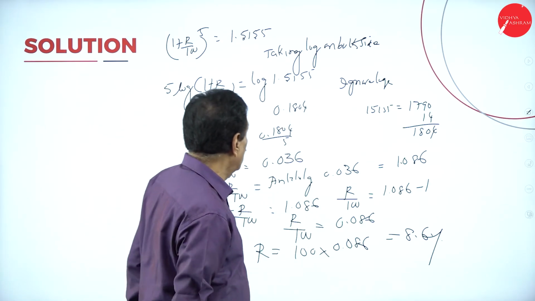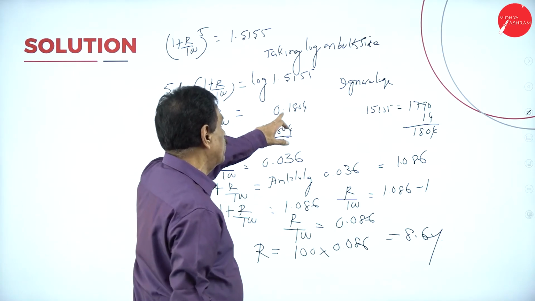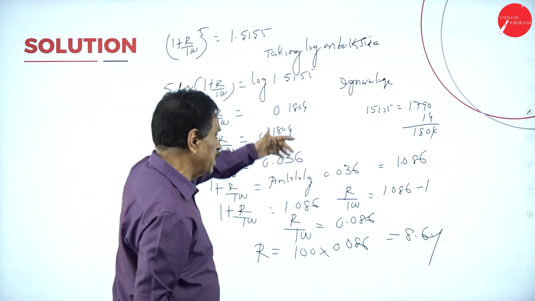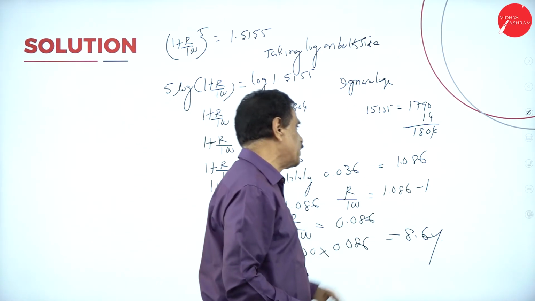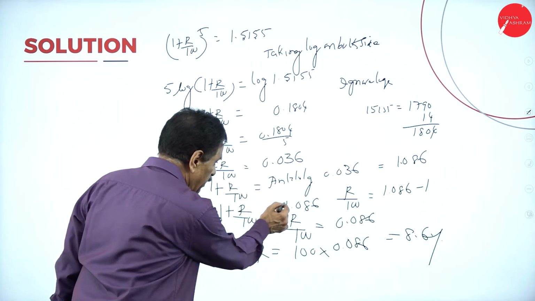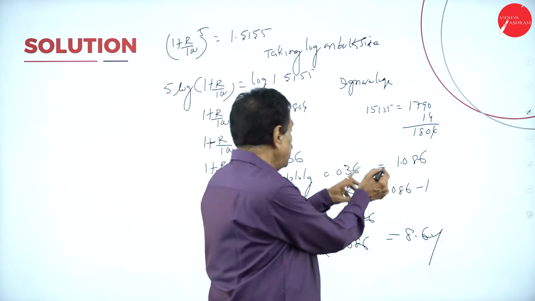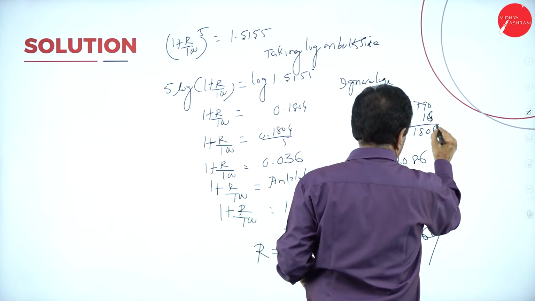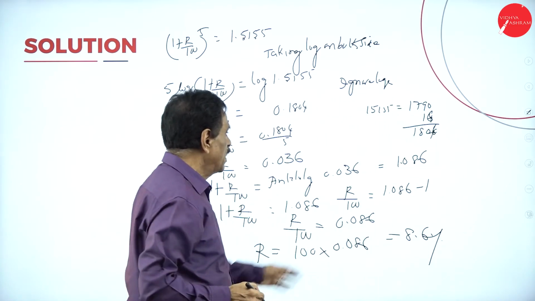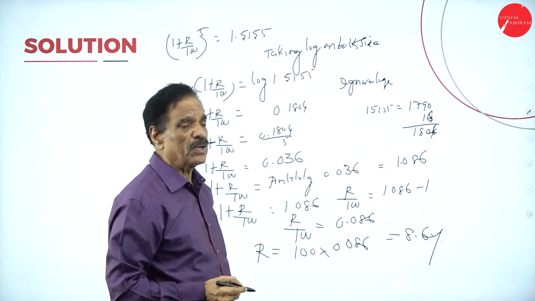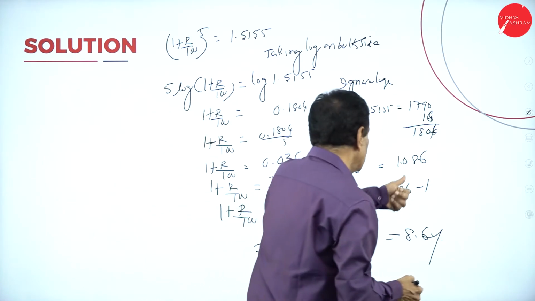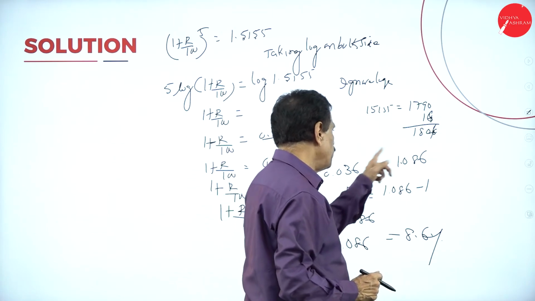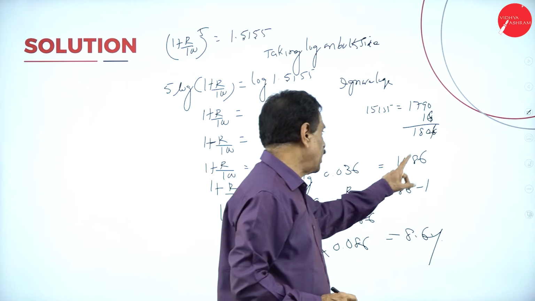I found the log 0.1804 divided by 5, which is 0.036. Then I found the anti-log, which is 1086, so 1 plus R over 100 is 1.086.